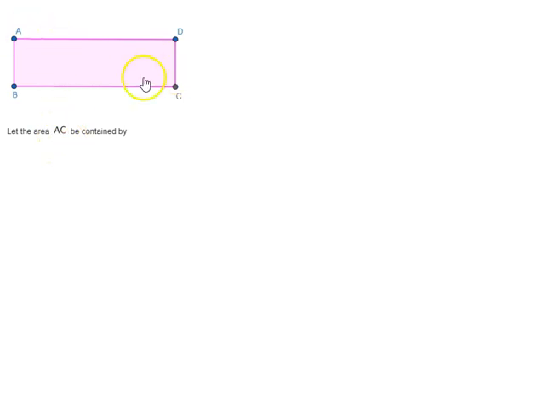Let the area AC be contained by a rational straight line AB and a fifth binomial line AD. Divide AD into its terms at E and let AE be greater than ED. Let's do that.